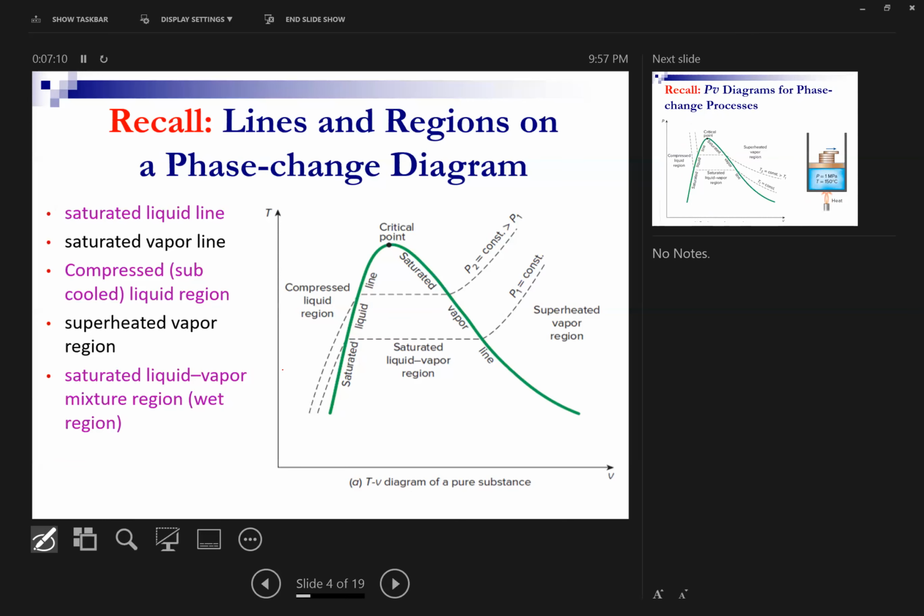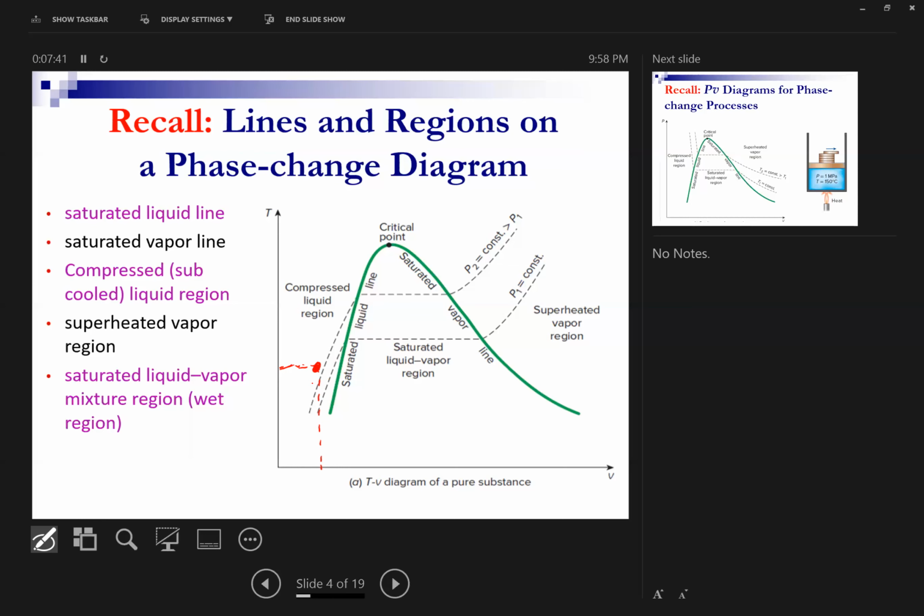Let's say the temperature is somewhere here, and then the specific volume is 0.001 cubic meter per kilogram. Then we will reach somewhere like this. This is my temperature, and this is my specific volume, and my state will be something like this.